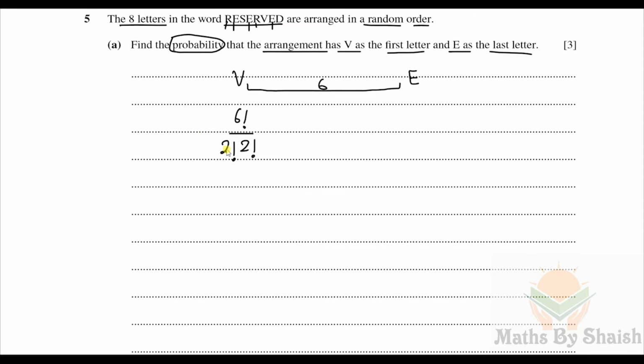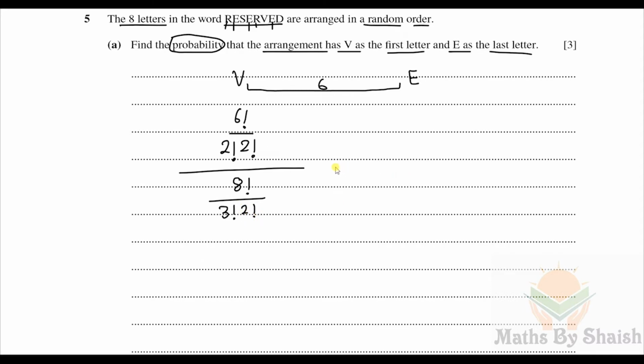So this is the total number of ways we can arrange these 8 letters so that V is always at the first place and E at the last place, and we divide by the total arrangement. The total arrangement of 8 letters is 8 factorial, divided by the number of letters which are the same: 3 E's, so 3 factorial, and 2 R's, so 2 factorial.